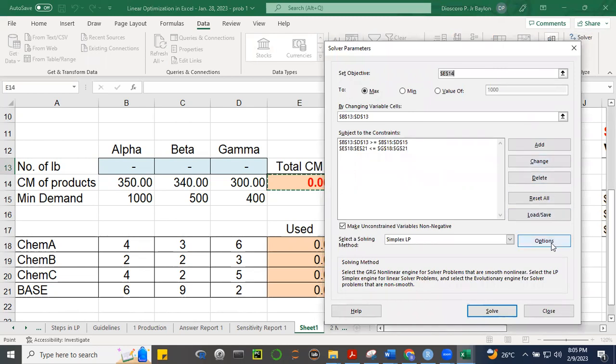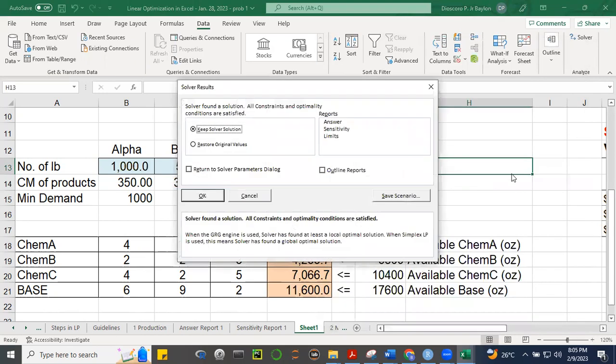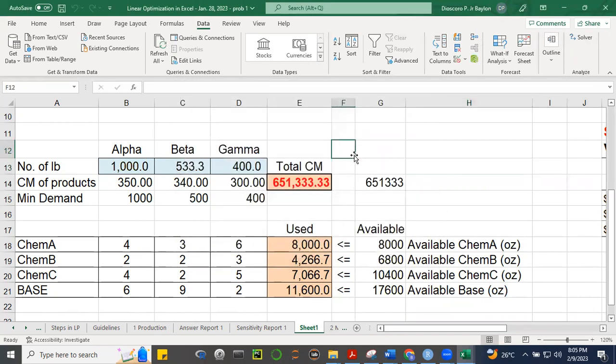Okay, ira-run ko na siya. Run, solve. Pero hindi ko na i-generate tong answer sensitivity kasi meron na ako. So this was our solution. $1,533,400. 651,333. So yung B13 natin, C13, D13, these are our decision variables.